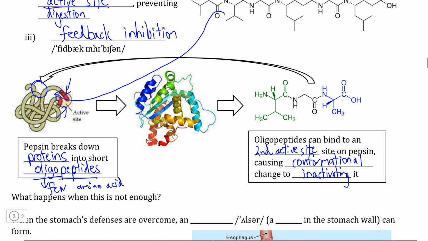This is what we call feedback inhibition, because the more pepsin is active, the more proteins it is able to break down, and the more short chains of amino acids will be floating around, which then act as feedback to tell pepsin that its job is mostly done in terms of breaking down proteins to their amino acid components, and therefore can bind to this secondary active site in order to shut the active site that it uses for protein digestion, and therefore effectively turn it off once its purpose has been fulfilled.